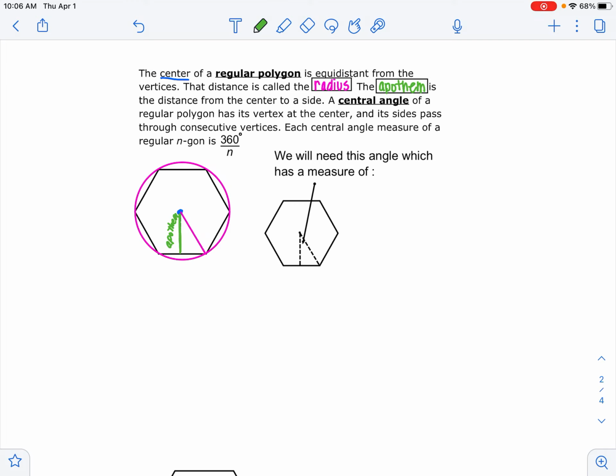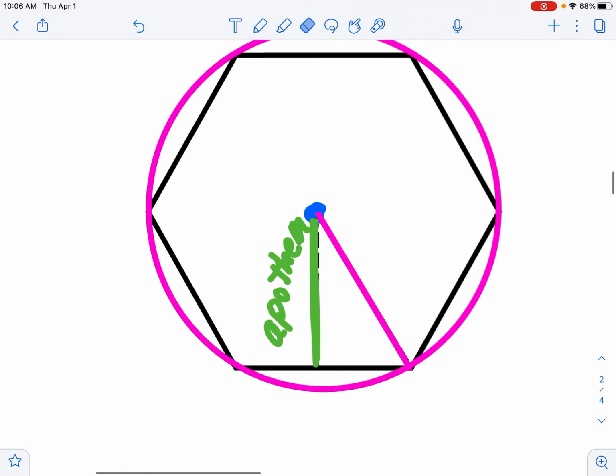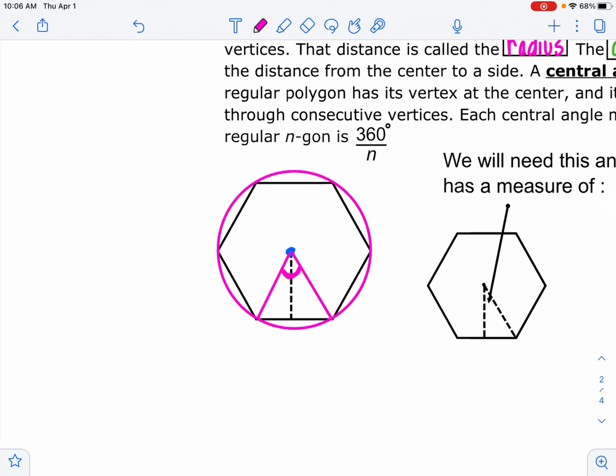Okay. Next, let's talk about a central angle. A central angle of a regular polygon has its vertex at the center and its sides pass through consecutive vertices. Each central angle of a regular n-gon has a measure of 360 divided by n. So if I was looking at this hexagon right here, I'm going to erase my apothem there. If I drew in another radius right here, this angle right here, that is a central angle.